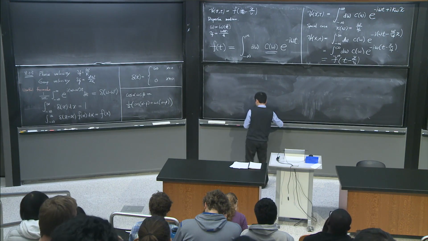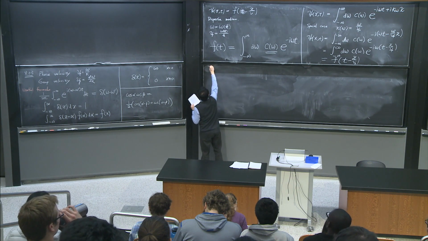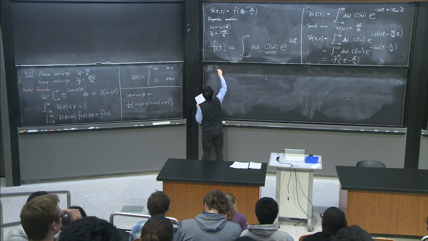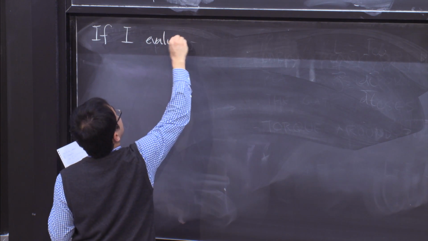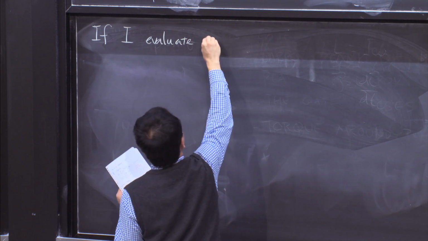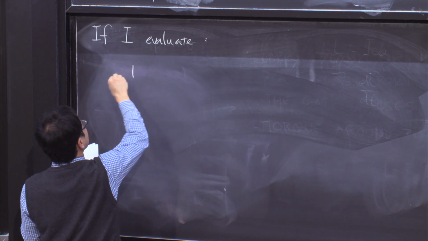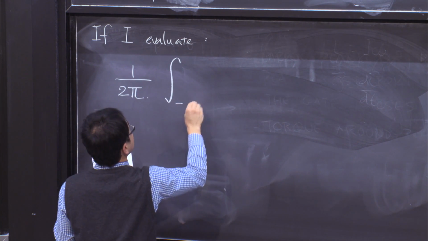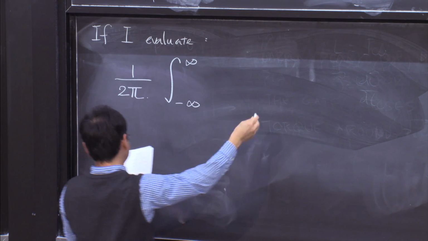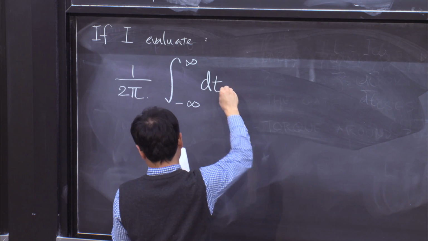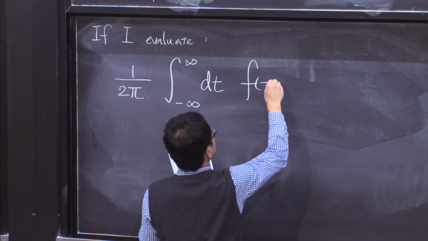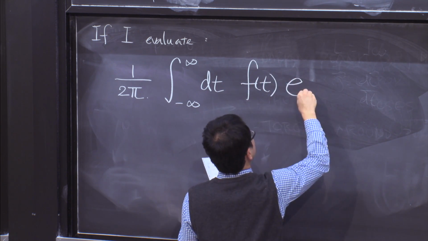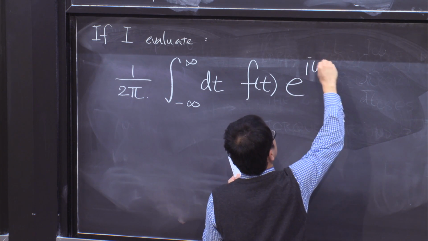Suppose I evaluate this function: 1 over 2 pi, integral from minus infinity to infinity dt, f of t, exponential i omega t.